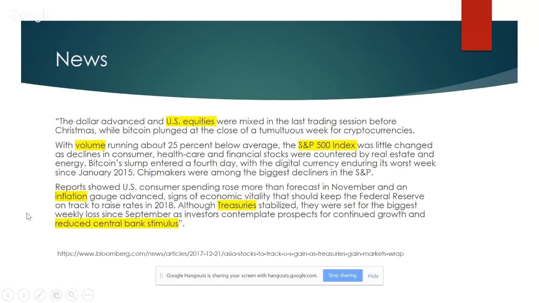So basically, what this paragraph is saying is that a forecast came out that showed that the U.S. economy was doing better than what the market anticipated. The price of Treasuries decreased because interest rates are going to increase due to the fact that the Federal Reserve is going to increase interest rates as well, right?